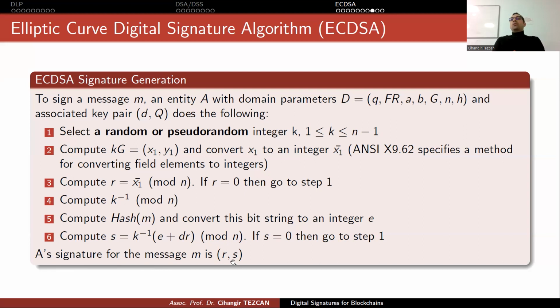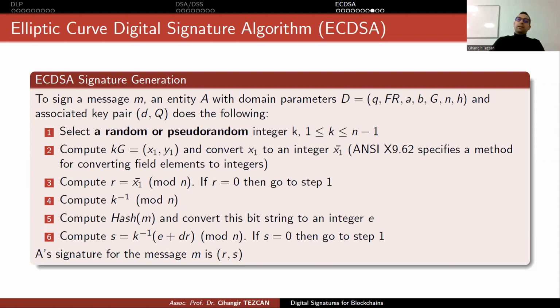This is actually what you're writing to the blockchain when you perform a transaction on Bitcoin or Ethereum, okay? This is why it is important. M is your transaction. R and S is the signature for that transaction. So whenever you announce a transaction in Bitcoin or Ethereum or any cryptocurrency, each node actually checks if this transaction is okay, if the signature is correct.